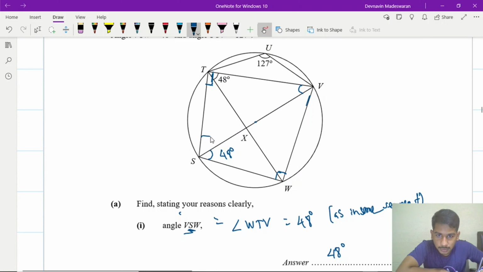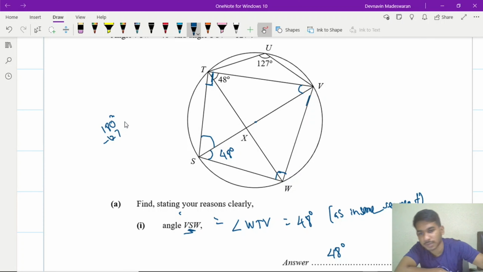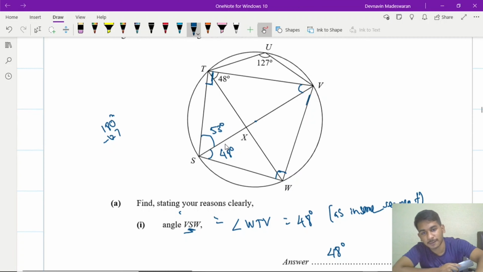We know this one. This is going to be 180 minus 127, which is 53. So this is going to be 53 degrees. This one can be just 180 degrees minus 90 minus 53, and then we'll be done.